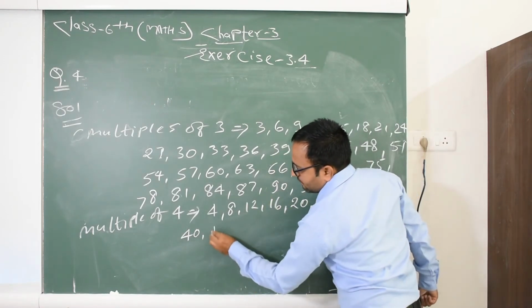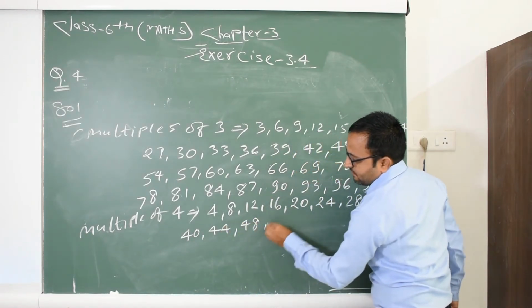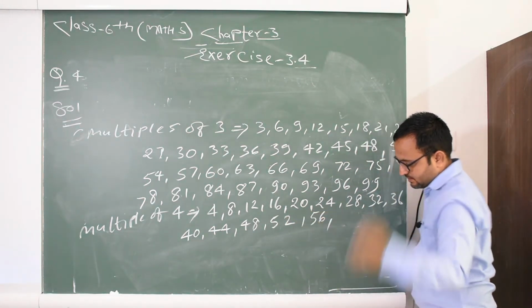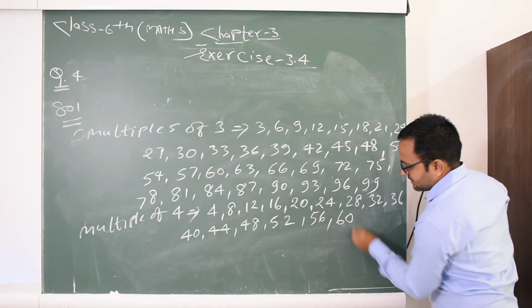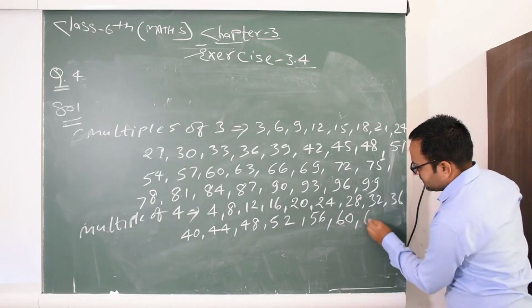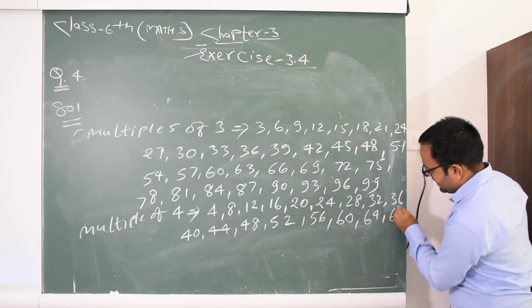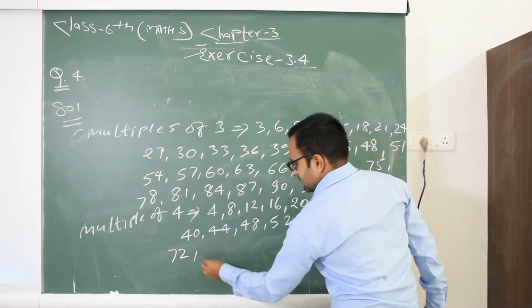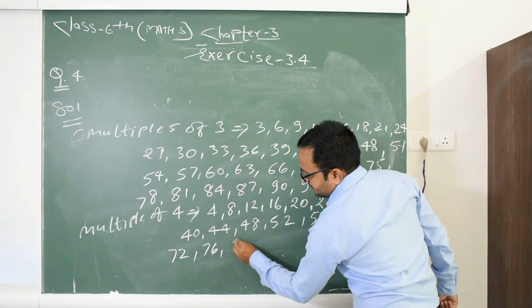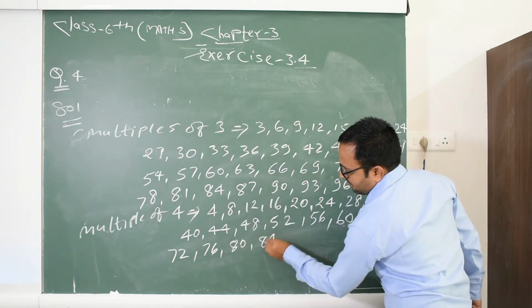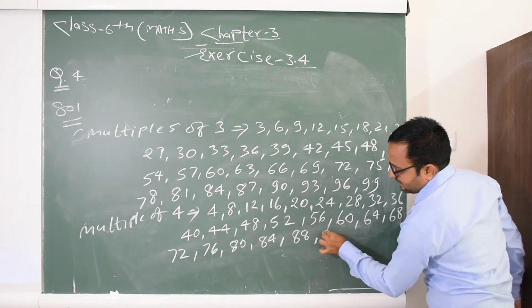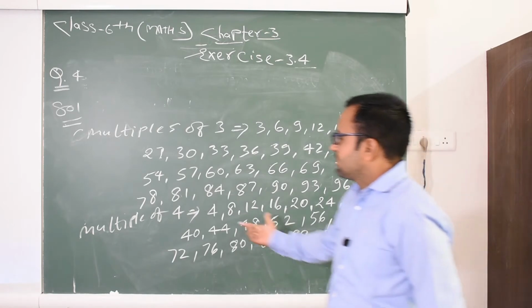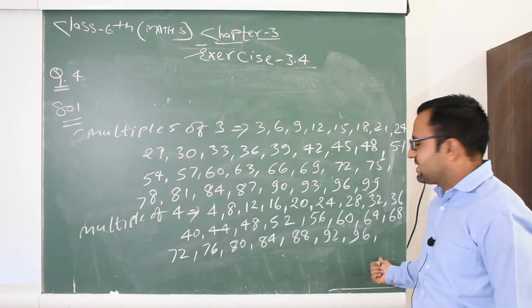Now 44, 48, 52, 56, 60, 64, 68, 72, 76, 80, 84, 88, 92, 96. Okay, so these are the multiples of 4 less than 100.